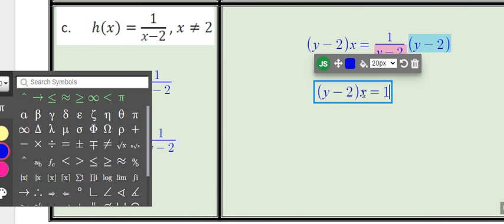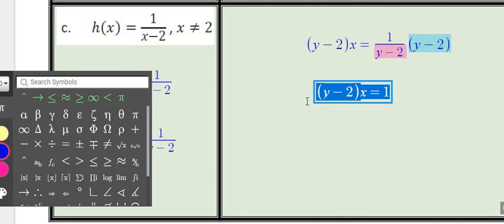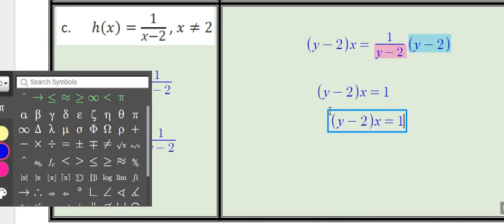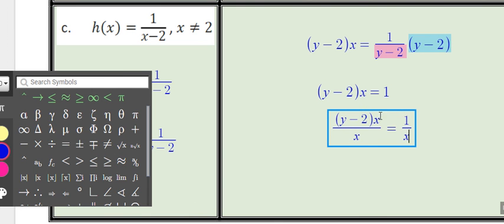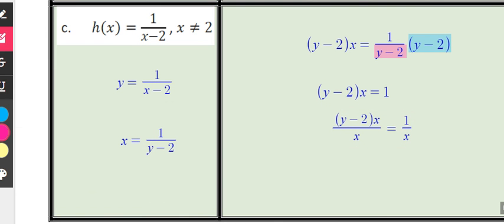Now, first, I want to get rid of this x because I don't want to distribute that x. I would much rather have it go away. So I'm going to divide both sides by x. So this whole thing divides x. This divides x. And now these two x's cancel.